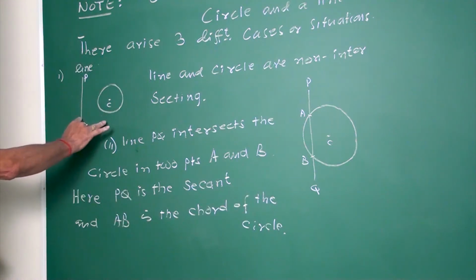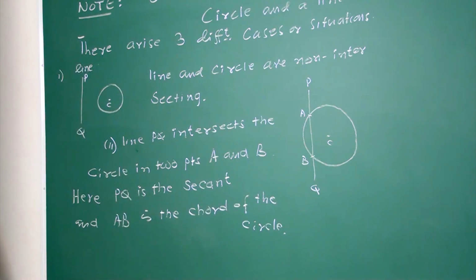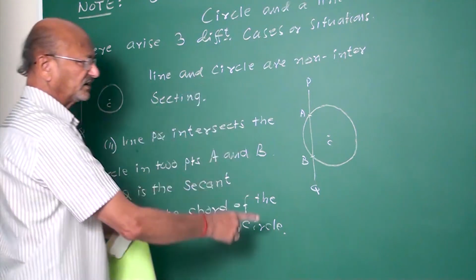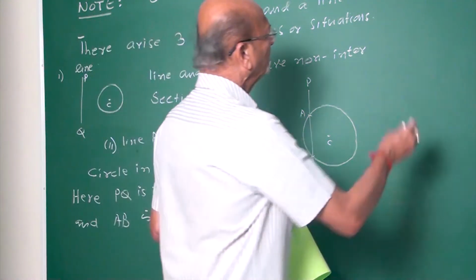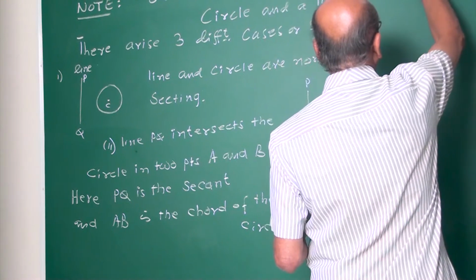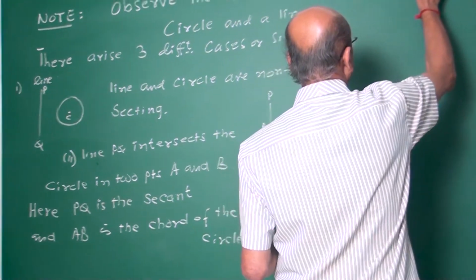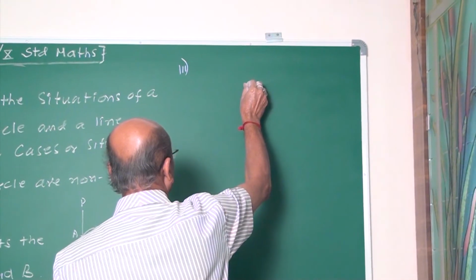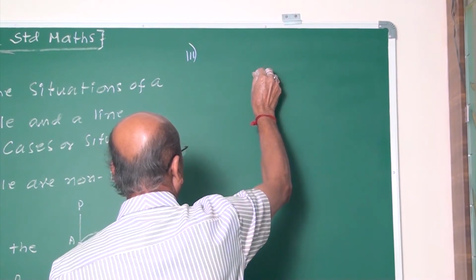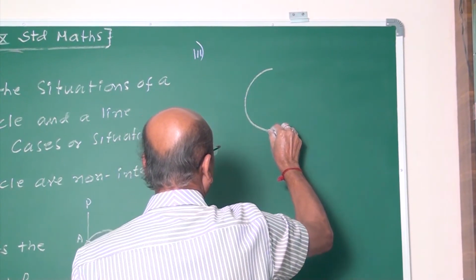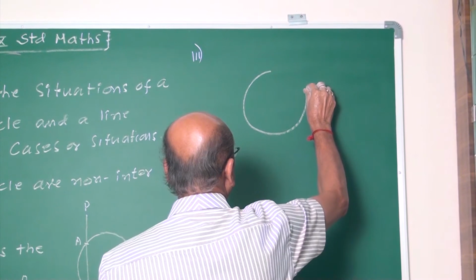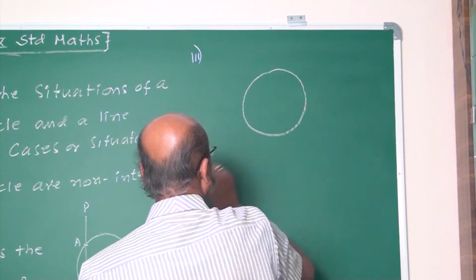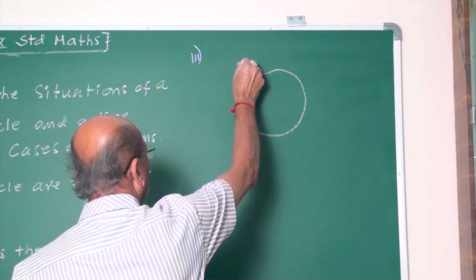What is the first case? Non-intersecting. What is the second case? Intersecting. Then what is the third possibility? The line may touch the circle. Line PQ will touch.